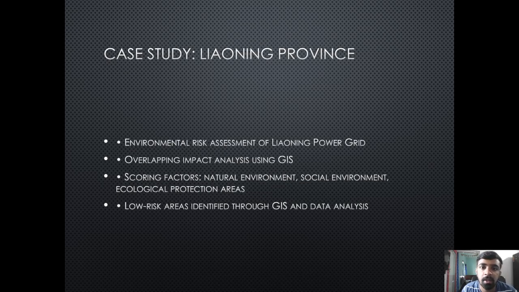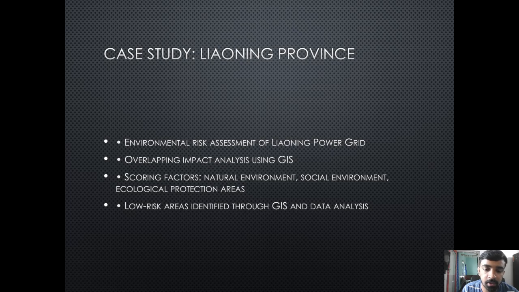The case study is the Liaoning province. The environmental risk assessment of the Liaoning power grid. This is done by the overlapping impact analysis using the GIS method.